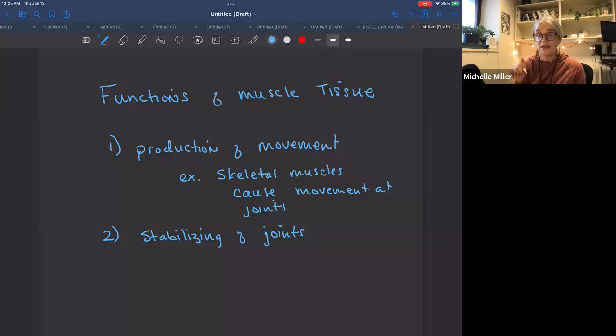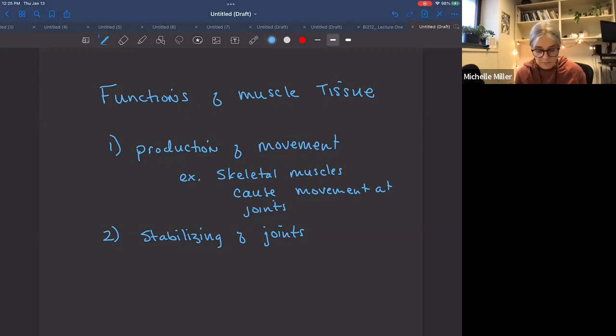Another good example of this is the knee joint. We have this large muscle called the quadriceps femoris. It's actually a group of muscles, your thigh muscles, and it has a tendon that extends over your knee joint. And so if your knee becomes unstable, then oftentimes the doctors will prescribe weightlifting exercises that will help to strengthen that muscle.